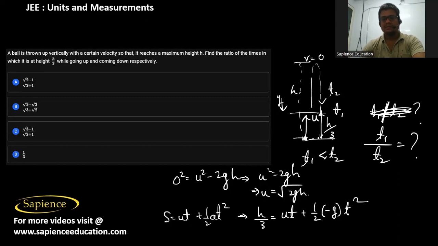First it will go up and then after some time it will return back to that same height. So obviously t2 is more than t1, since t2 is the time when it reaches h by 3 while coming down, and t1 is the time when it reaches h by 3 while going up.